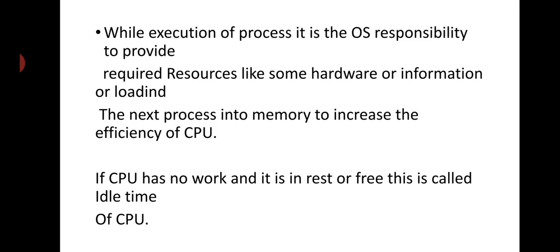That means when the process is going to be executed, it may require some input output devices, some extra space, some information, or may require to be loaded into memory for the ready state. In this scenario, it is the responsibility of the operating system to provide all the necessary things for the process to be processed.